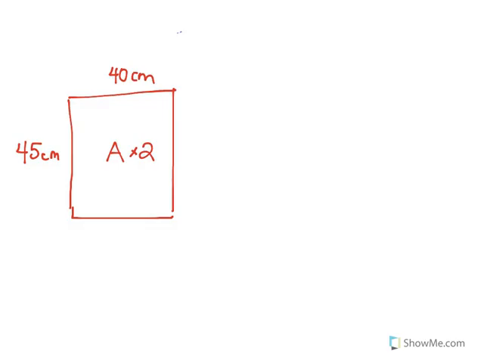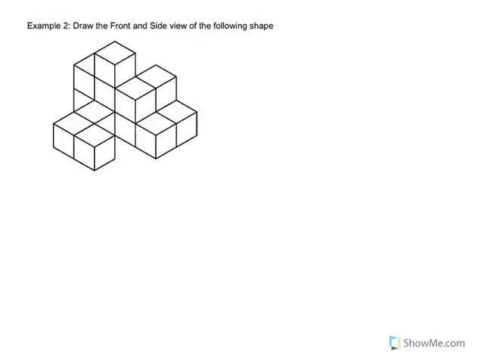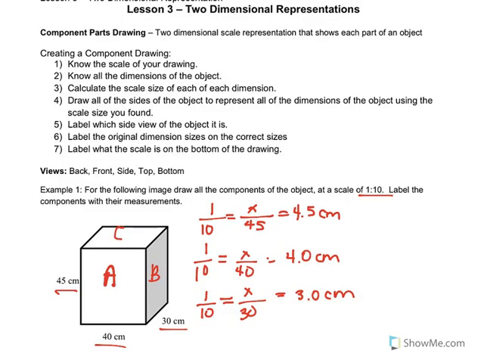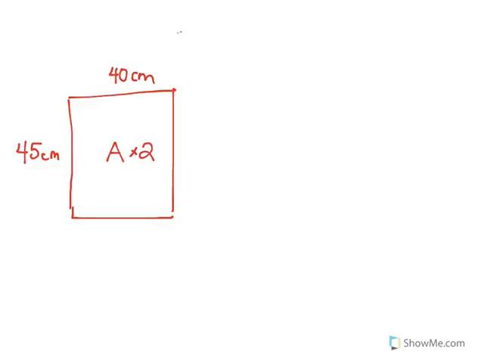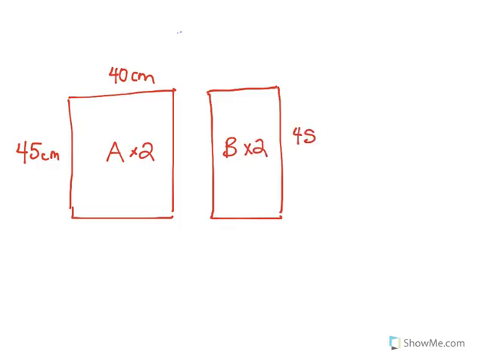The next one you should have drawn out is that side, what did I say? B was the side. So B would have the same height as this one, but it wouldn't be as wide. So we would say B, there's 2 of them, and this one is 45 centimeters by 30 centimeters, and again we label what the actual size is.